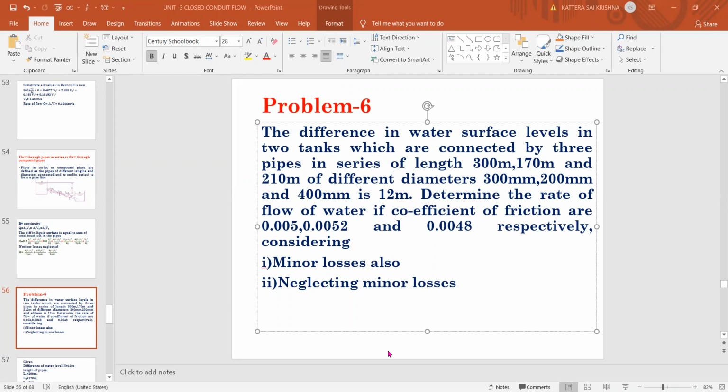Yes, make it fast. Inform me after completing writing the question. How many of you are copying these notes? Please raise your hands.